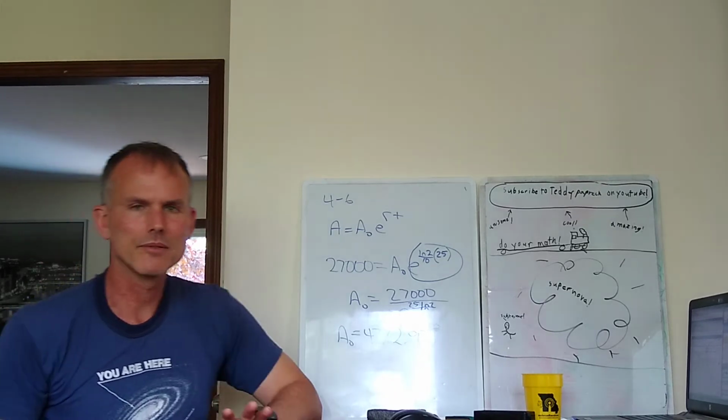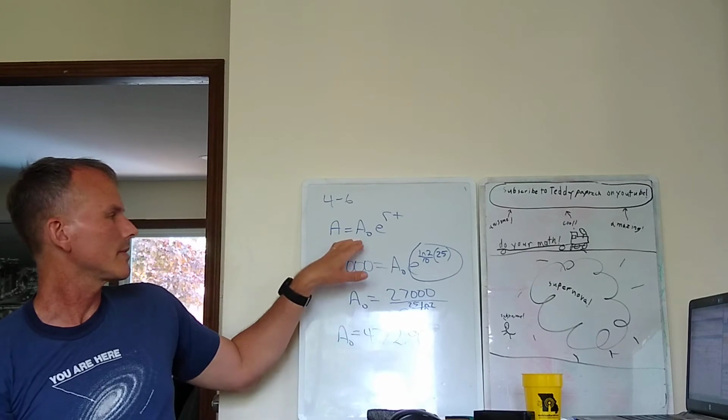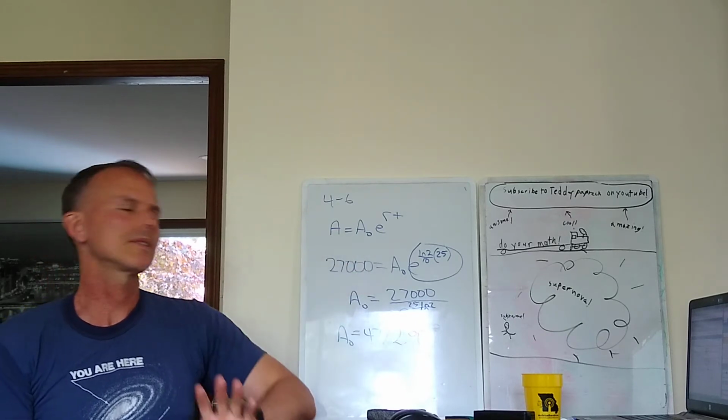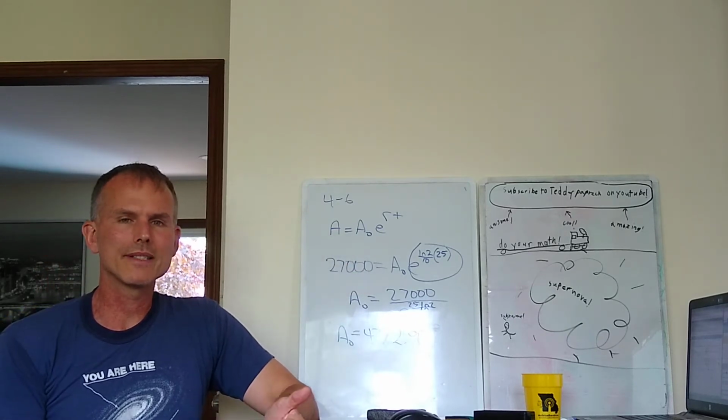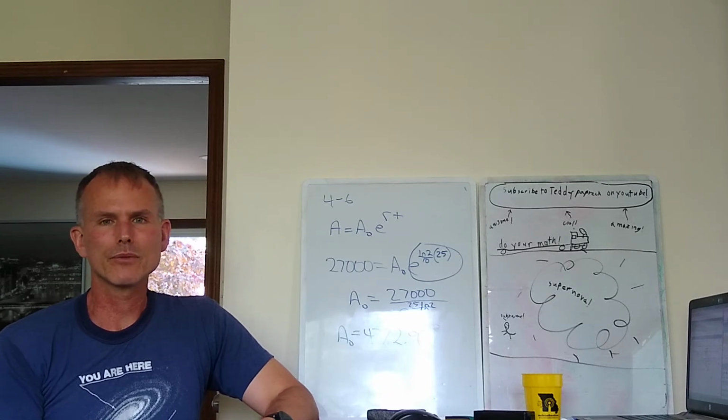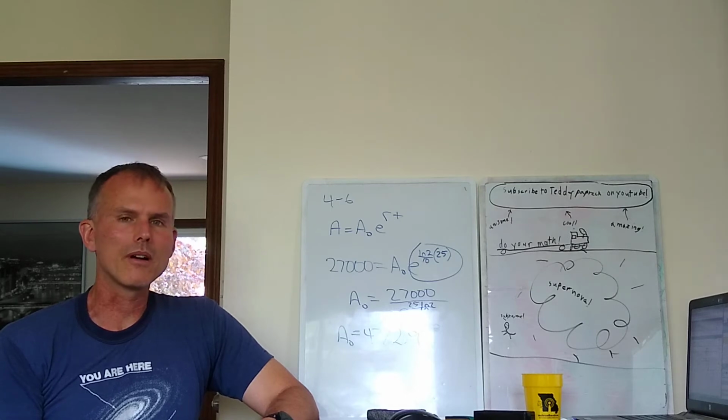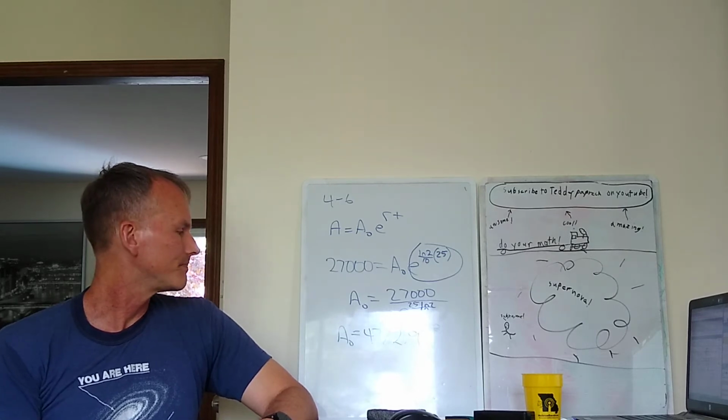Now, so to recap, we use that exponential growth model. I'll warn you, if you watch it on here, they might do it a different way. I think it's easier just to do it with this formula, but there are other ways to solve this problem.